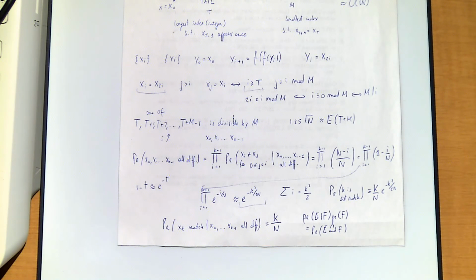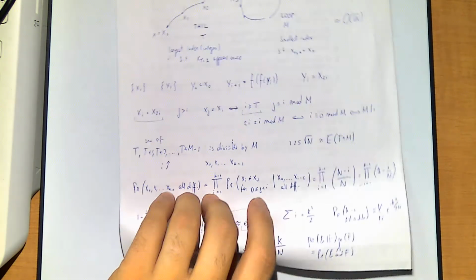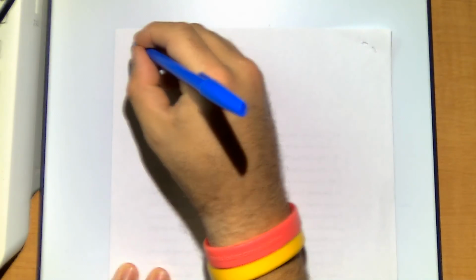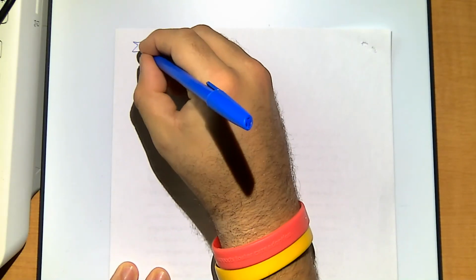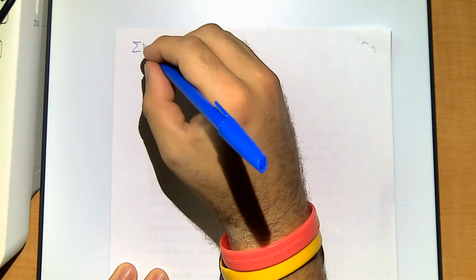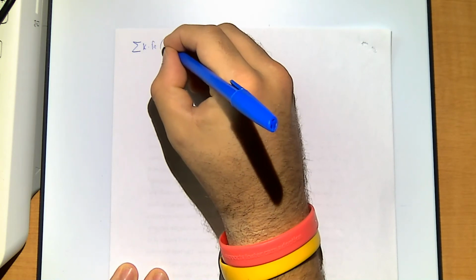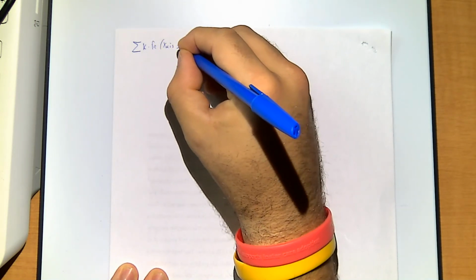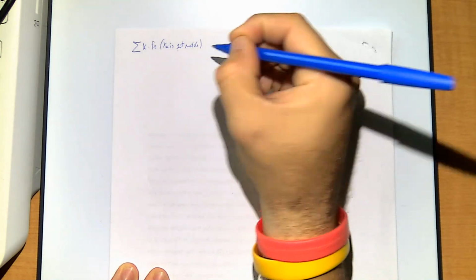So then, the expected number of steps is definitely the sum of k times the probability that xk is the first match. Remember the definition of expected value, right? It's the value of the random variable times the probability that the random variable takes that value.